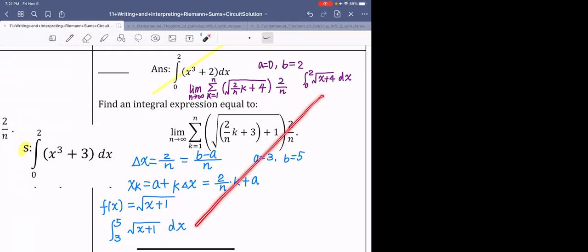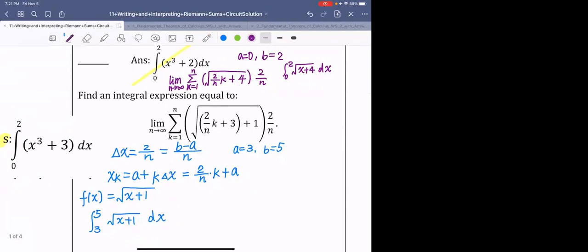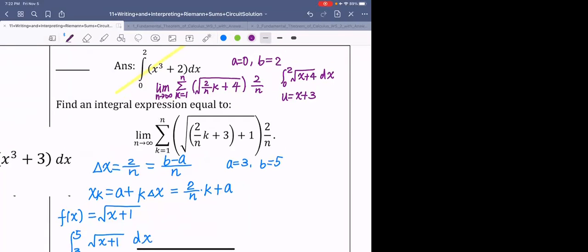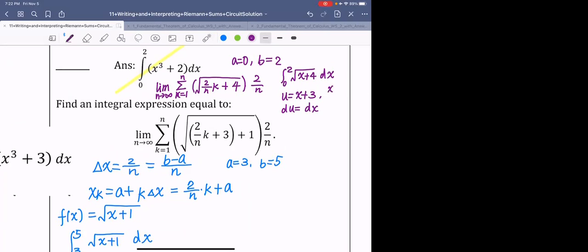This value is going to be the same when you do a U sub. Let's do a U sub. We already learned the U sub last week. Let's make u equal to x plus 3, can I? Yes. And du equals dx, right? When x equals 0, u equals 3.